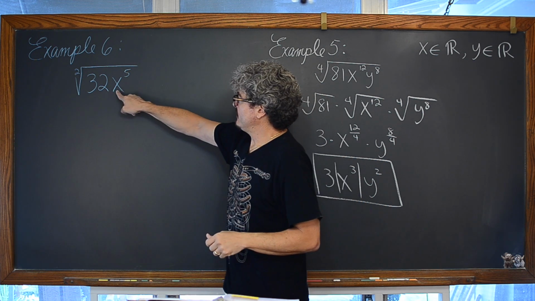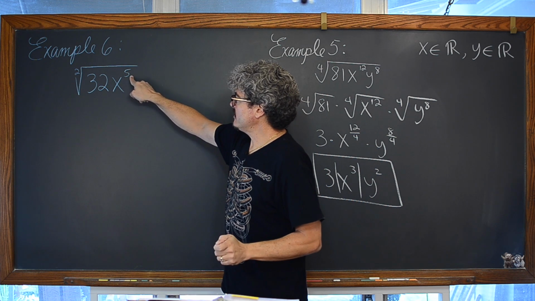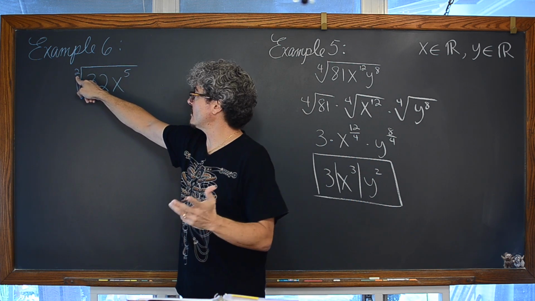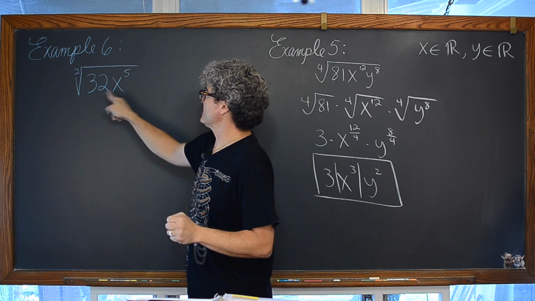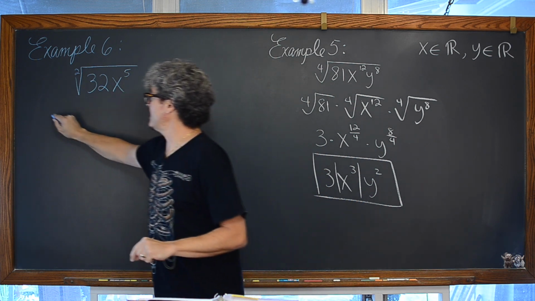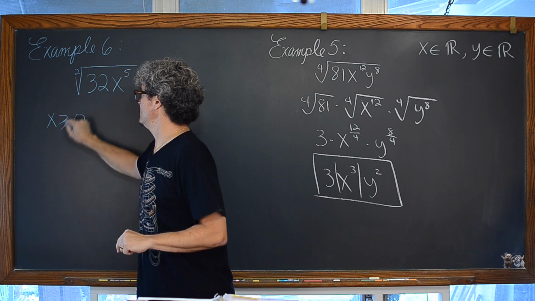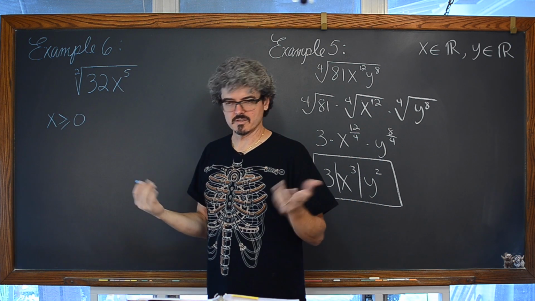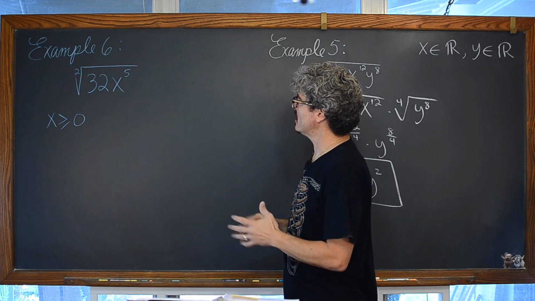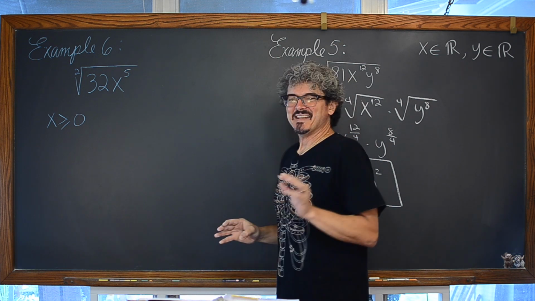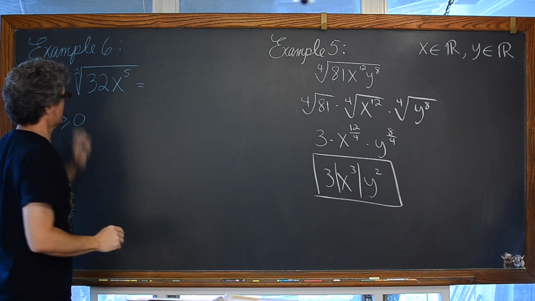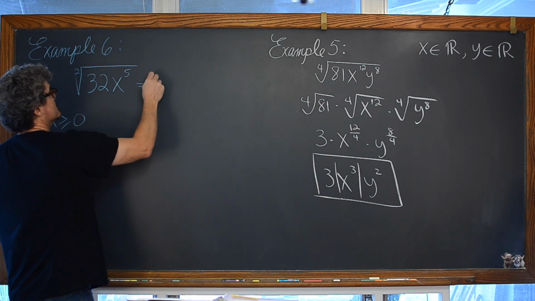But if a value is raised to an odd power, and then we're taking an even root, 2, 4, 6th root, whatever, of that expression, then this implies that x is greater than or equal to 0. And actually, being equal to 0 is not very interesting because any root of 0 is 0. Now, we have the square root of 32, so we're going to write this as a factor.